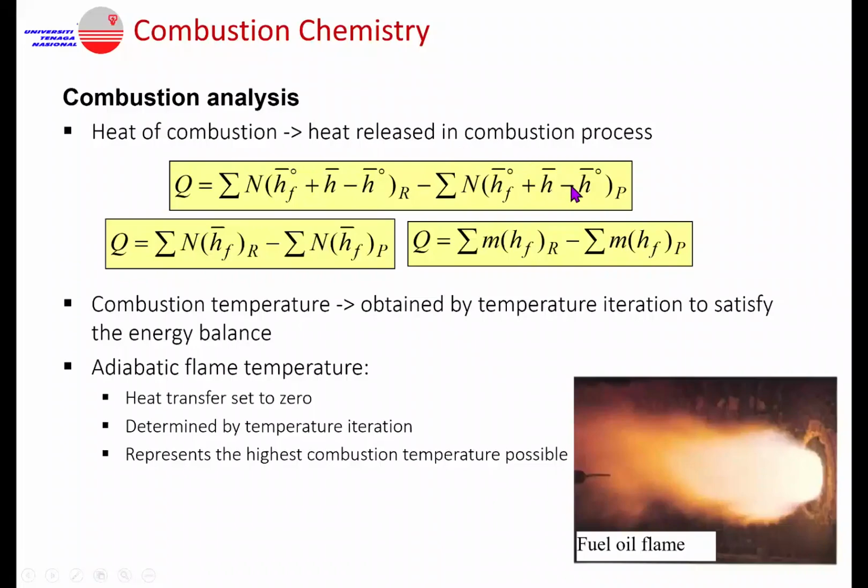So basically the heat is the difference of enthalpies between reactants and products. I'm not going to go into detail. Later on you may want to refresh your memory on combustion chemistry, on how we find out the amount of heat being produced, from your previous lesson in thermodynamics 2.